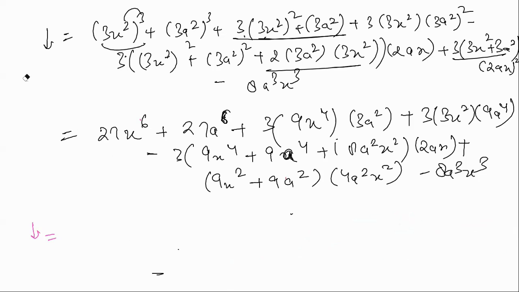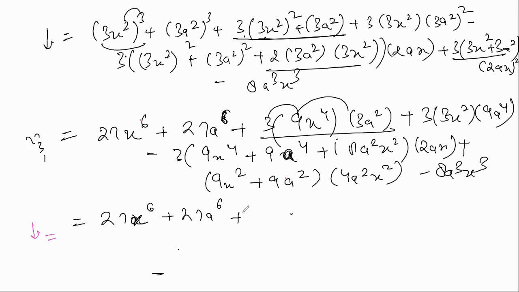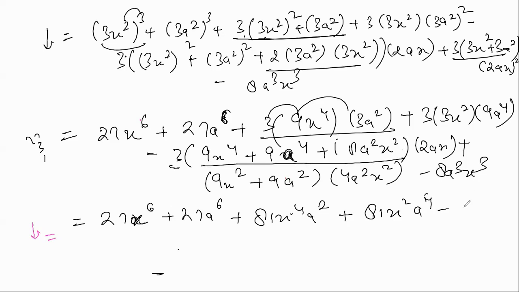Let's solve it further. So that is 27x raised to the power 6, 27a raised to the power 6, plus multiply 3, 9, 27, 27, 3 is how much? 81, x raised to the power 4 a square. Similarly, x square a raised to the power 4, because 3, 3, 9 and 9, 9, 81. Then open, multiply 3 with the full bracket.